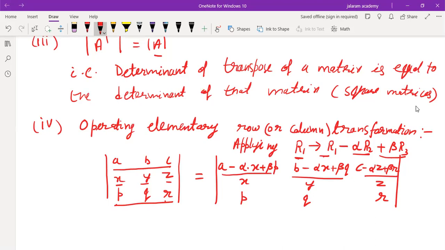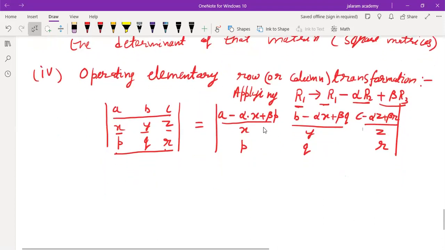Similarly, we can apply this to any one of the rows or any one of the columns. Once in a step we have used a row transformation, we can use a column transformation also in the same matrix. During elementary transformation, either we use only row transformations or only column transformations in one operation, but in a question we can use row transformation as well as column transformation.